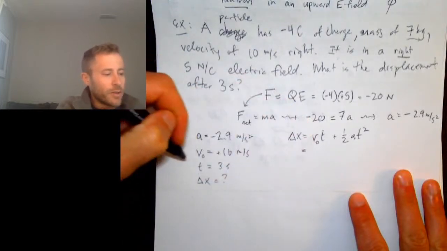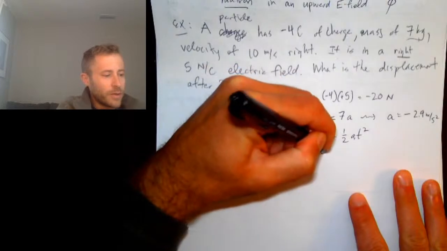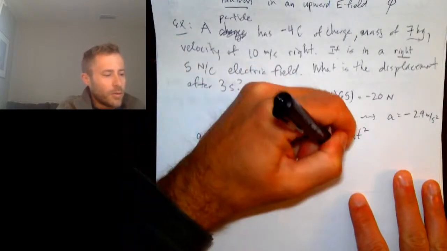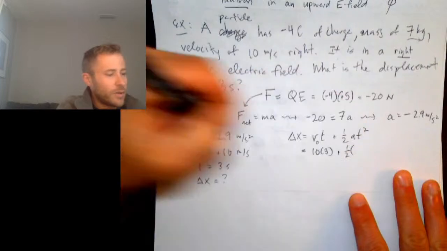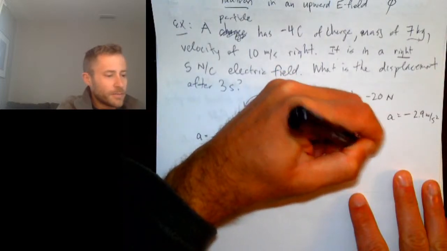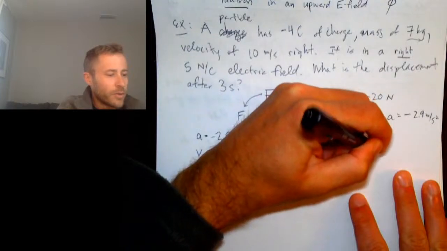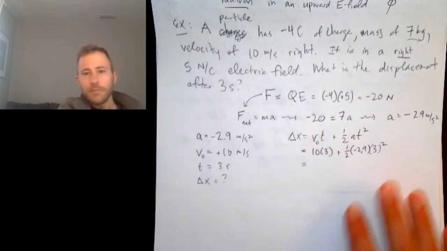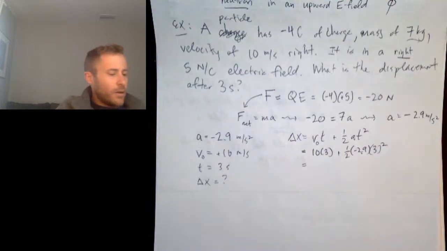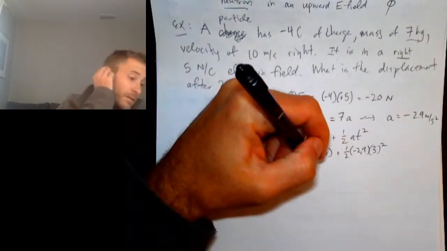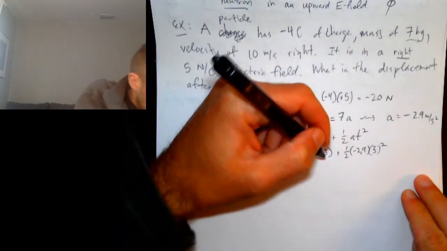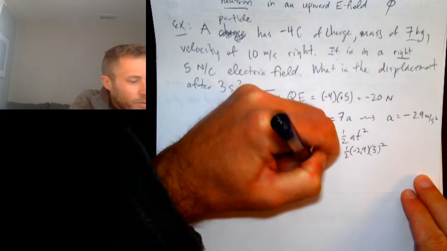Now I just plug in numbers. I have 10 times 3 plus 1/2 times negative 2.9 times 3 squared, and we get about plus 17 meters.